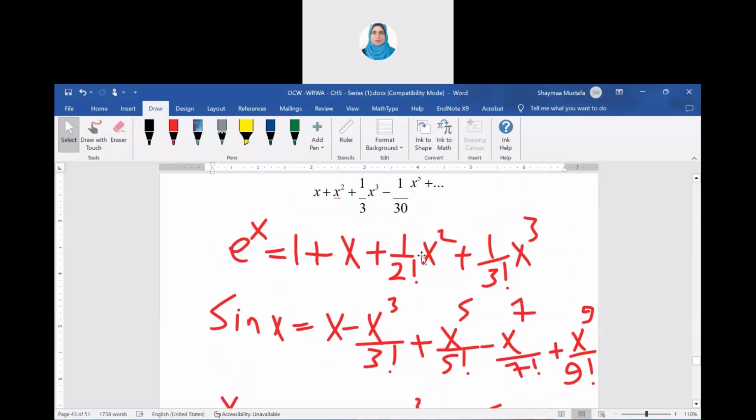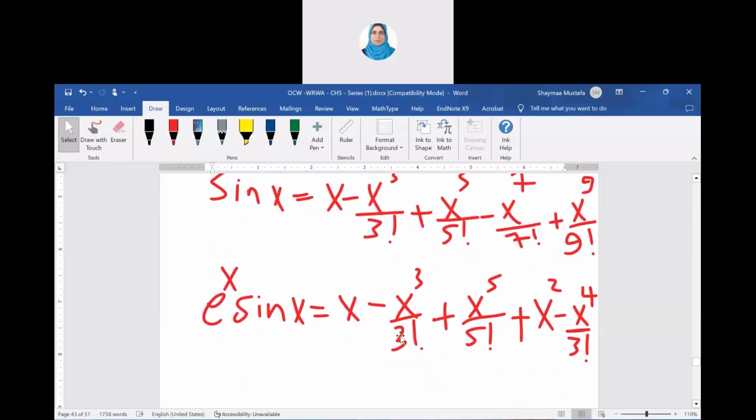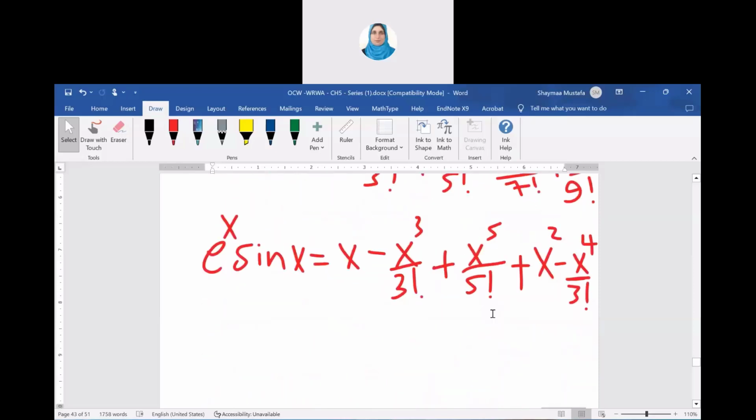So now I need to multiply this term, 1 over 2 factorial x squared, times x. So we need plus 1 over 2 factorial x cubed.